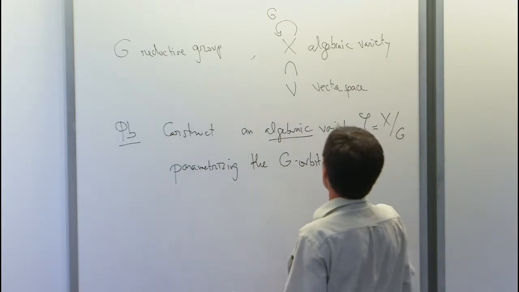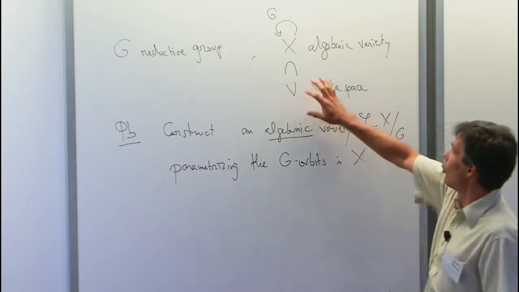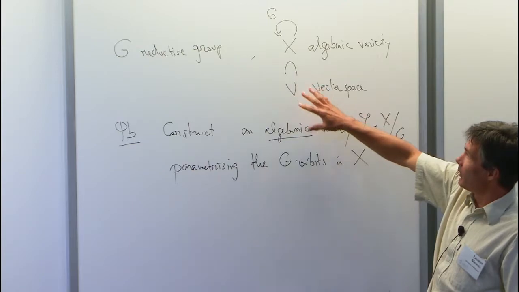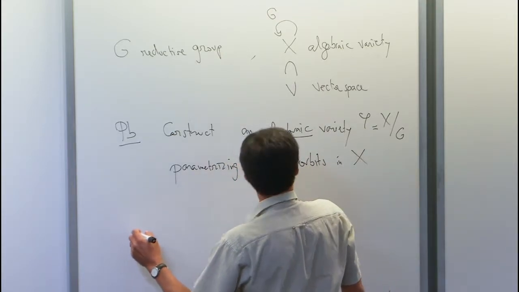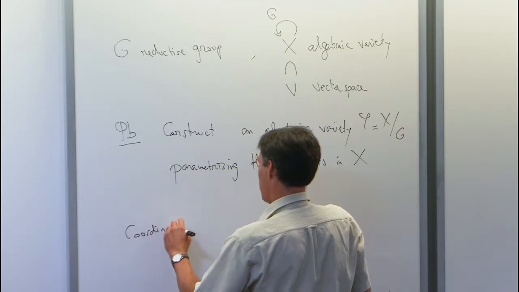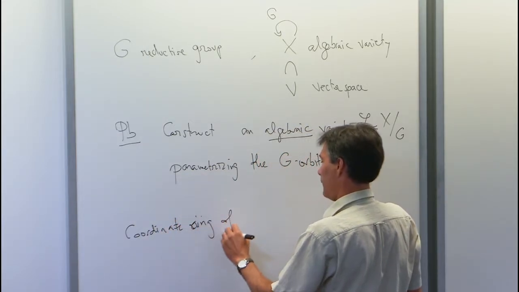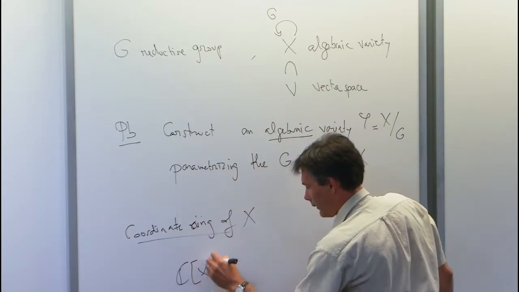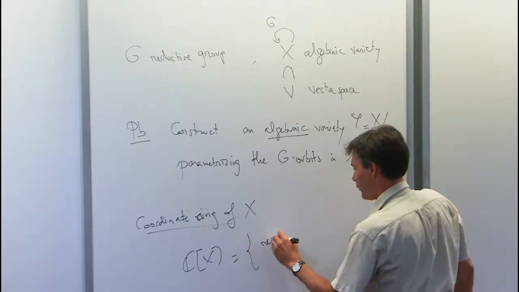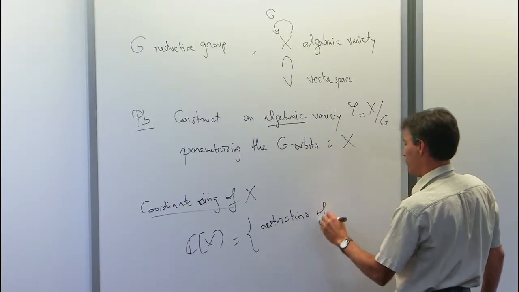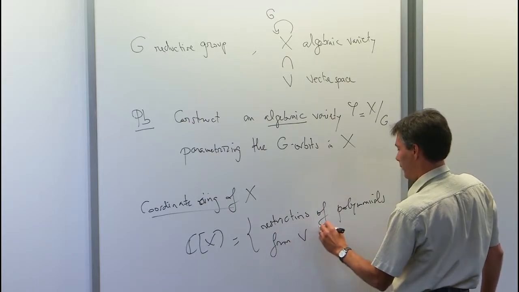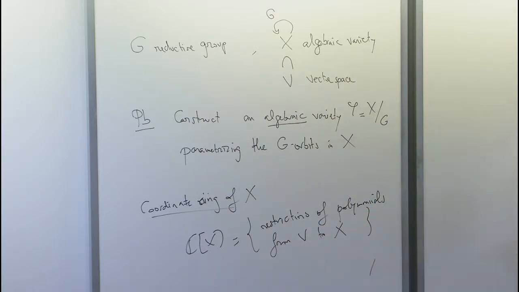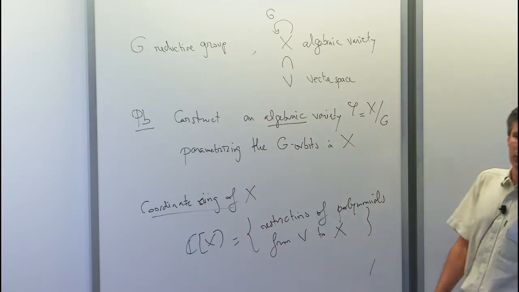So instead of looking at all the polynomials on the vector space V, we will look at the restrictions to X. We call that the coordinate ring of X. It is the space of functions that are given by restrictions of polynomials from V to X. So this is the algebra of functions on my variety that are restrictions of polynomials.